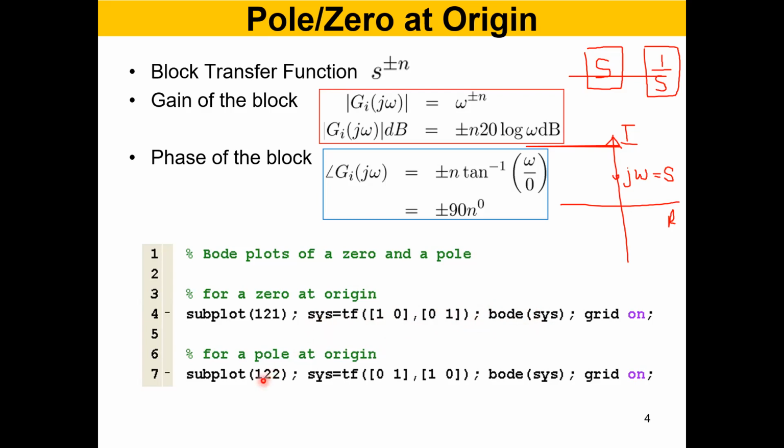And right after that, for a pole at the origin, you can see the transfer function here is different than what we had earlier. Now it is 0, 1 in the numerator and 1, 0 in the denominator. So this 1, 0 comes down over here. The 0, 1 is now up in the numerator. 0, 1 means 1. The denominator is 1, 0. That is s plus 0. That is simply s, this transfer function.